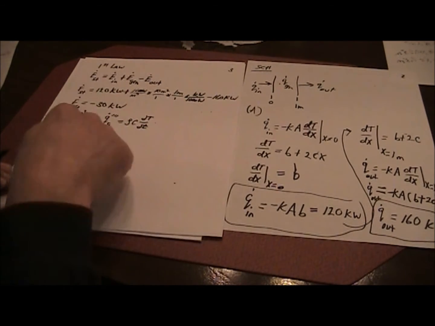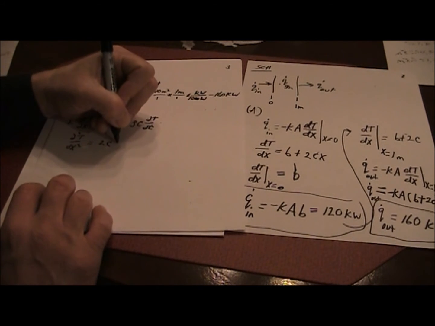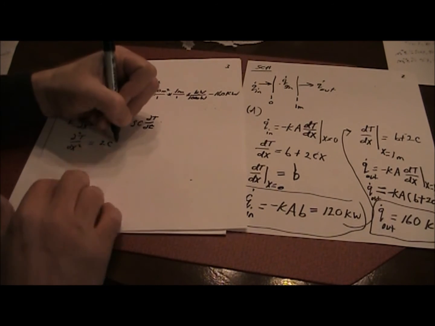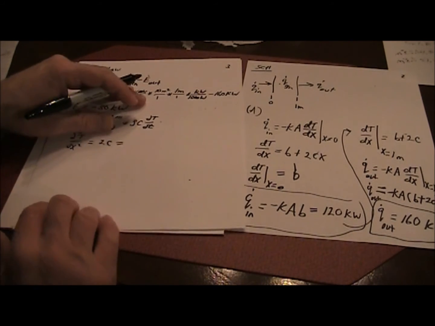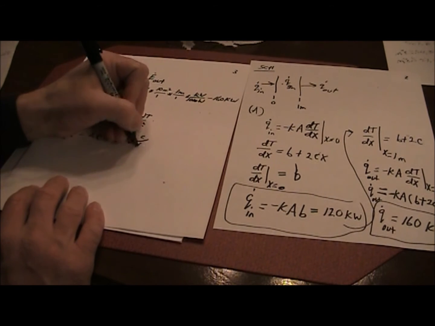So in other words, the second derivative of temperature with respect to x is just equal to 2c, and c is given, so if you plug the numbers in there, you get minus 100 Celsius per meter squared.